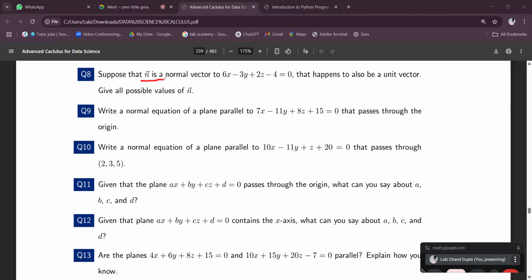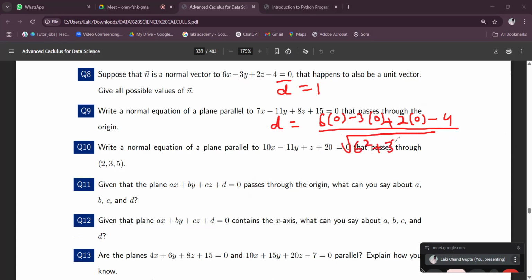Suppose the vector is a normal vector to this, and it also happens to be a unit vector. What is a unit vector? A unit vector's length is always 1. So if the distance is 1, you know how to find distance: 6 into 0, 3 into 0, 2 into 0, minus 4 upon the square root, with absolute value.